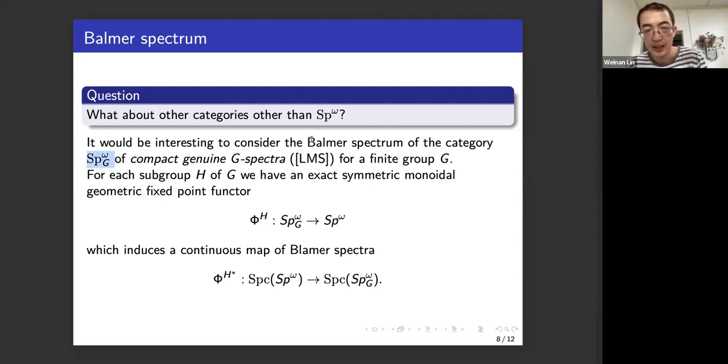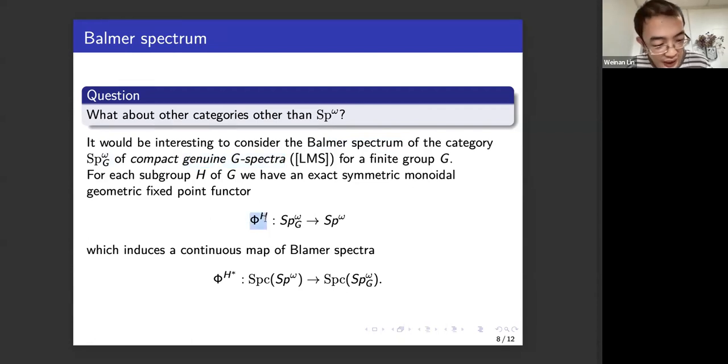So you may ask, what's the Balmer spectrum of that? For each subgroup H of G, we have an exact symmetric monoidal fixed point functor. I should warn you that in the category of genuine G spectra, there are many different fixed point functors.